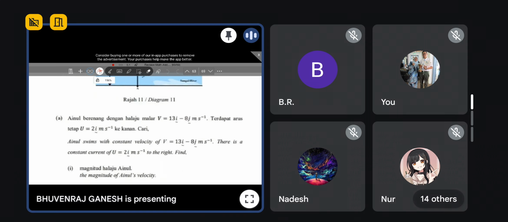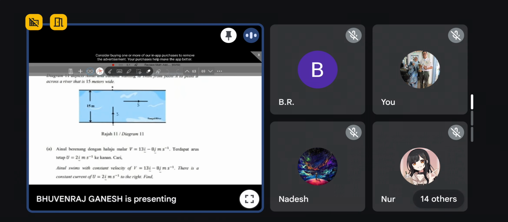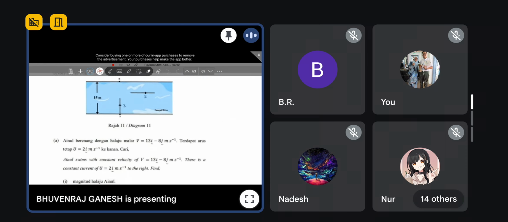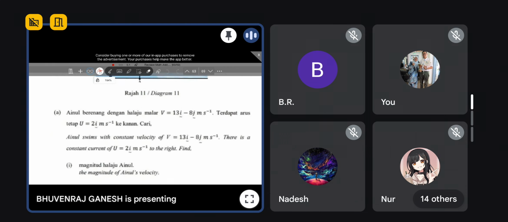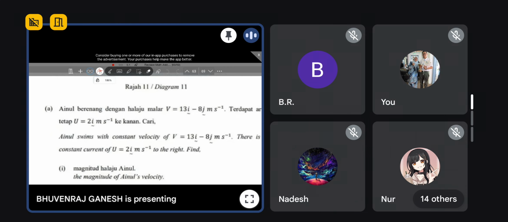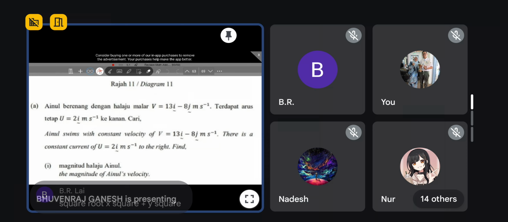All right. So you have the velocity, 13i minus 8j, and u is the water velocity. Halaju air is 2i. So they ask you to find the magnitude of Ainul's velocity. So guys, what should be the answer? Yes, correct. So what is your vector?